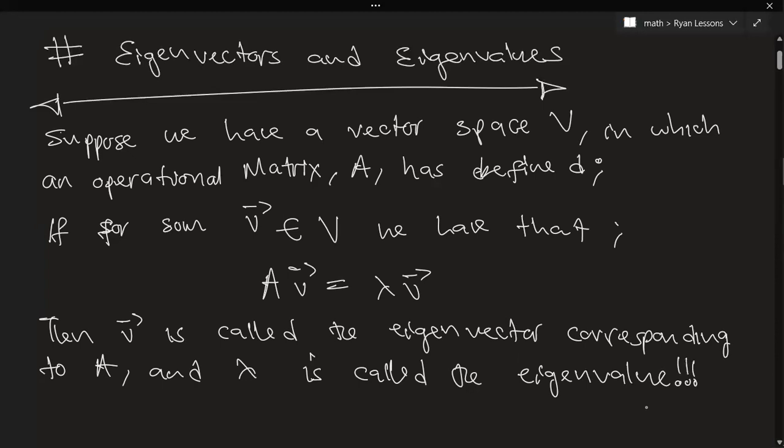So this is one way of defining what an eigenvector is and what an eigenvalue is.